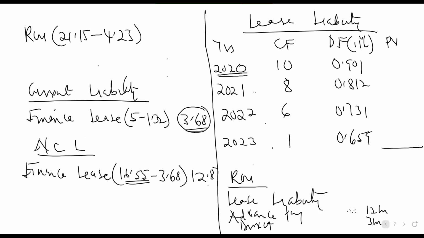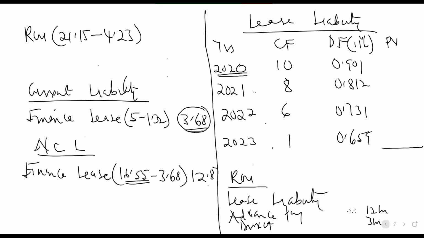Whenever you are discounting, it means that you are assuming that the cash flows will arise a year later, at the end of the year. So 2020 means that we are receiving the money at the end of the year. The beginning of 2021 is the same as the end of 2020. Is that not the case?